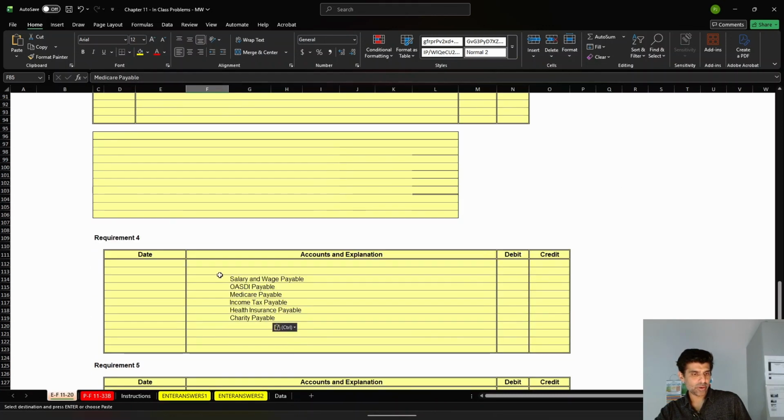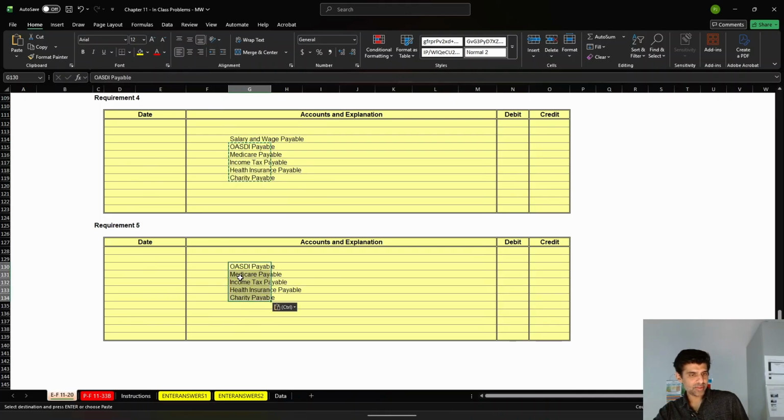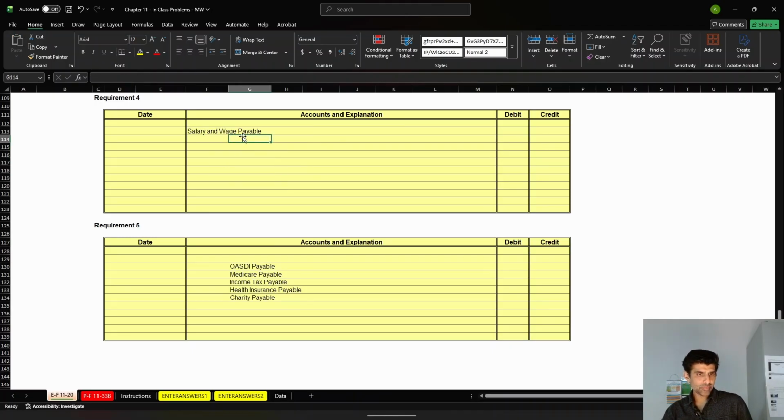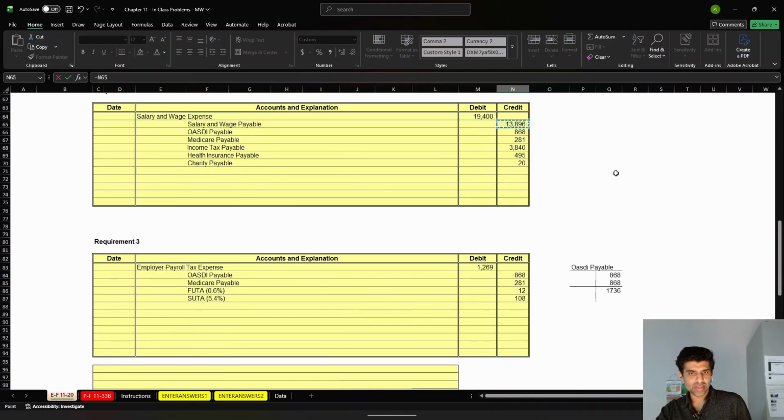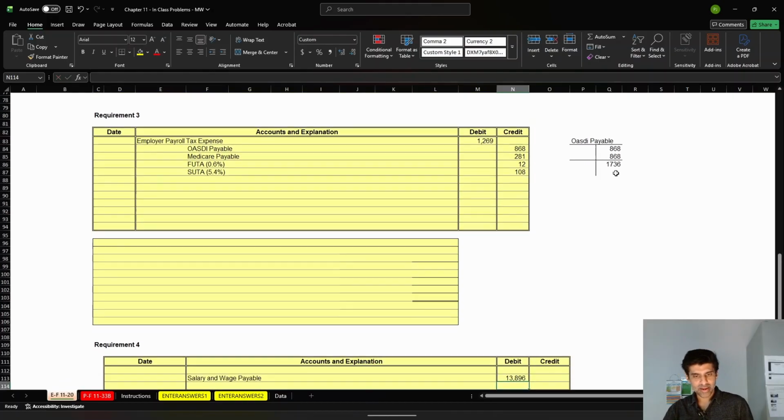OASDI and Medicare are already here. Sorry, actually, the first journal entry is just the salary and wage payable. So actually, I'm just going to copy these here, get rid of these. So salary and wage payable, I'm going to have to debit to get rid of it. And the amount is 13,869.96.